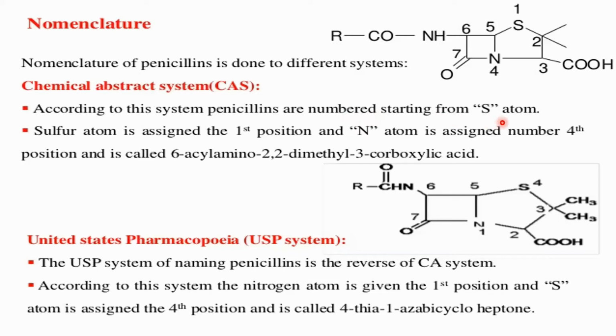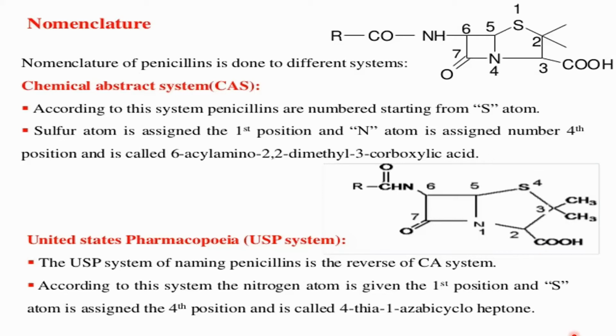So here you can see the sulfur atom gets the first position and the nitrogen atom gets the fourth position. So ultimately the nomenclature of this ring will be 6-acylamino-2,2-dimethyl-1,3-carboxylic acid derivative. Here, note the spelling mistake for carboxylic acid. So this is our Chemical Abstract System.